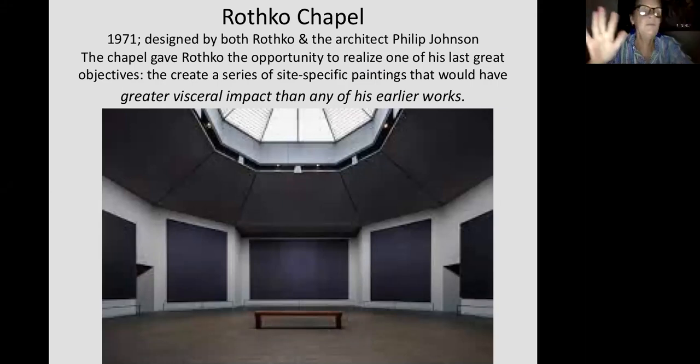I want you to remember that, because towards the end today, I'm going to talk about Donald Judd and how he tried to accomplish the same thing, not in a chapel, but in an old disused military base in West Texas.